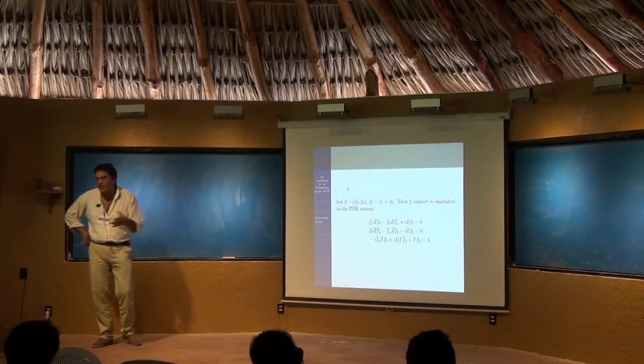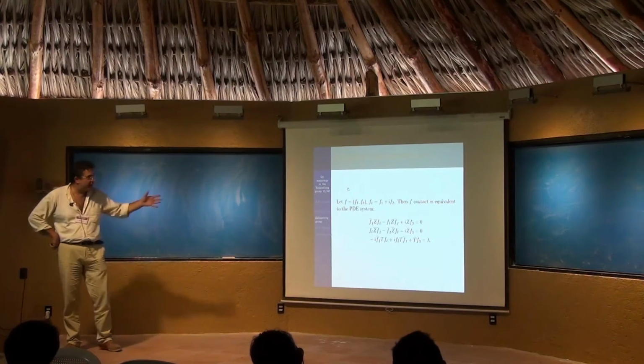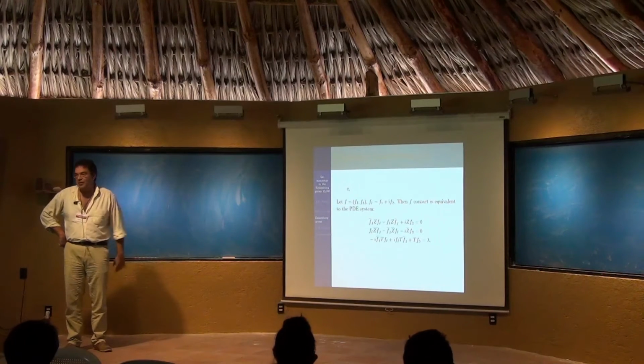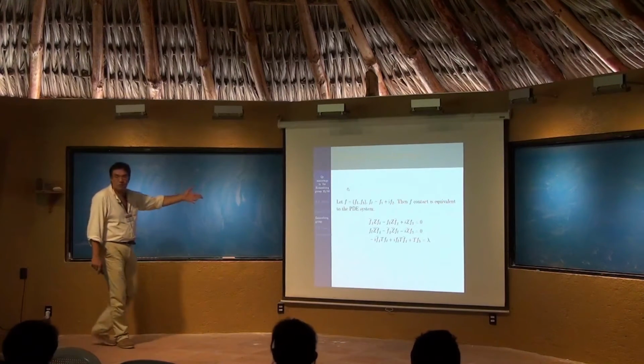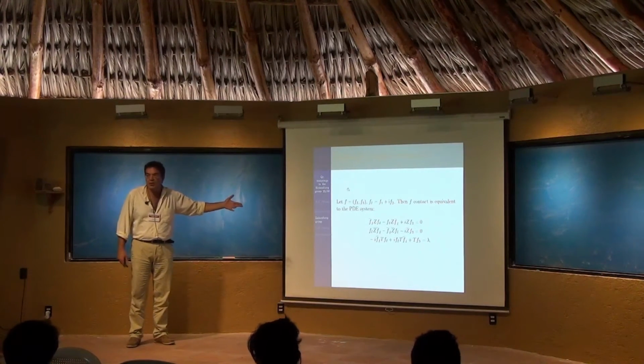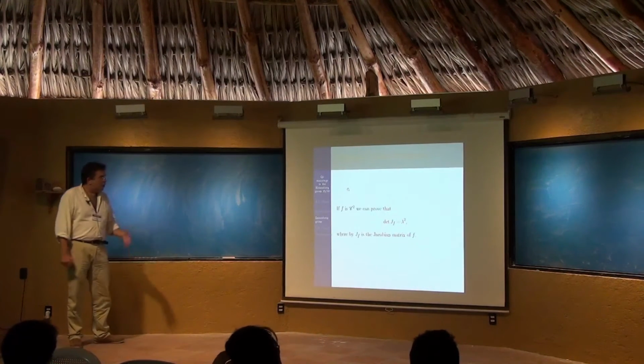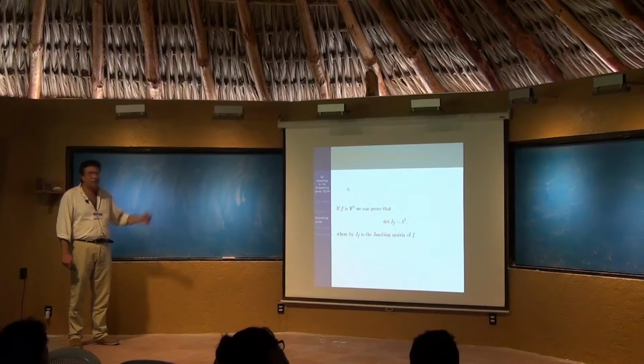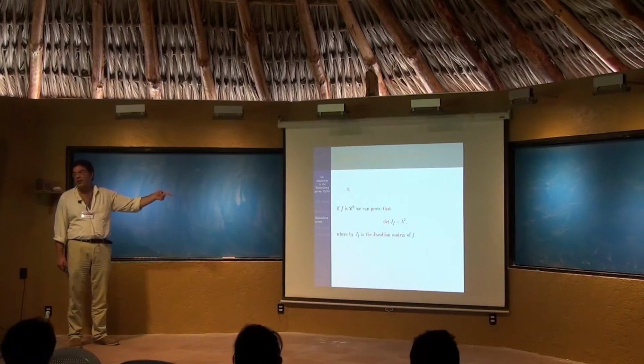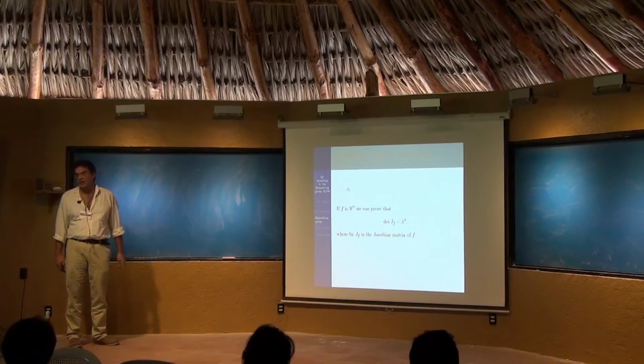I mean, perhaps somebody is an expert and sees it's peanuts. I don't. Okay? These are the contact conditions, as we call them. Also, if f is C2, then the determinant of the Jacobian matrix equals lambda squared, where lambda is the contact factor.